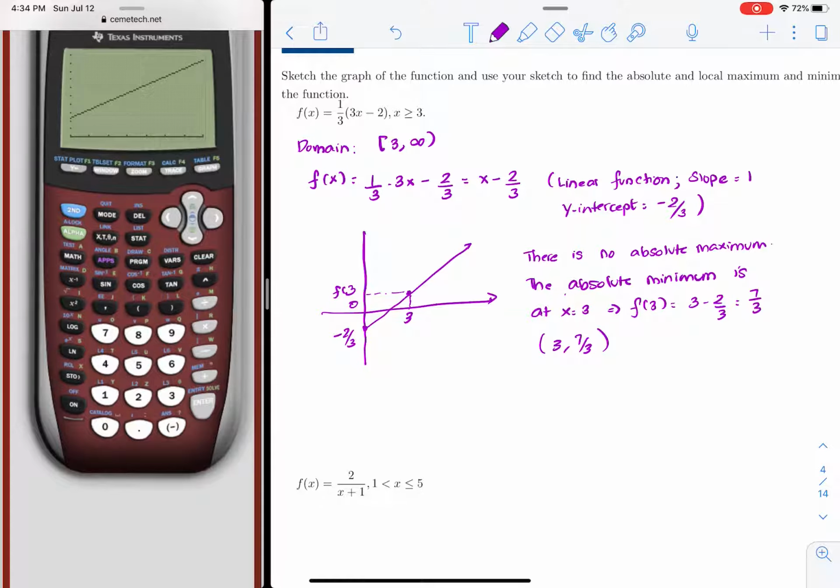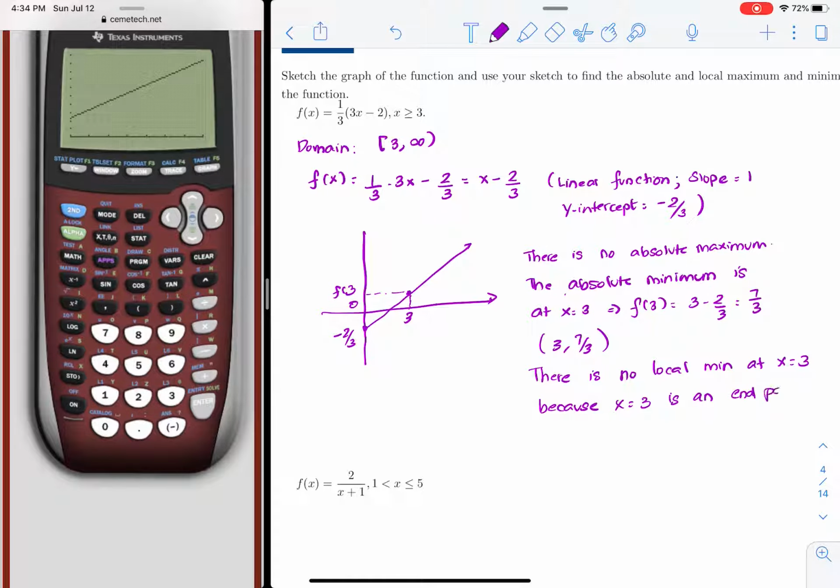Now, is that a local minimum? So there is no local minimum at x is equal to 3, because x is equal to 3 is an endpoint.